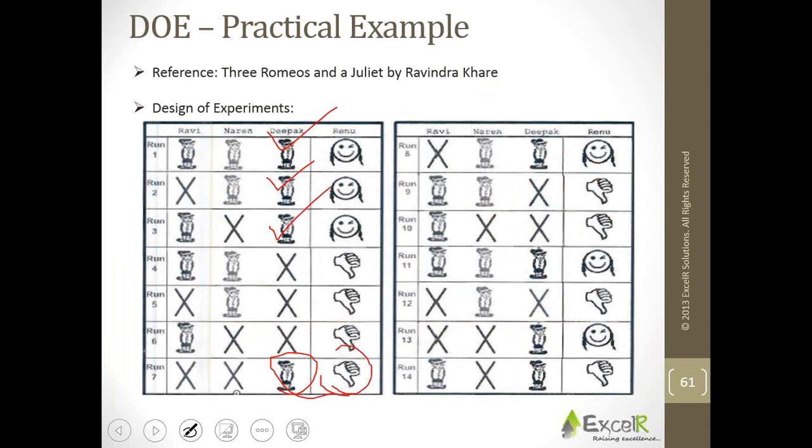But when you do multiple runs, you can straight away conclude that whenever Deepak is available, she is winking. So in one factor at a time, sometimes you might lose interesting insights because of oversight. But in design of experiment, you can get rid of such oversight.